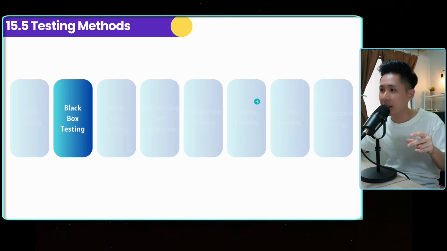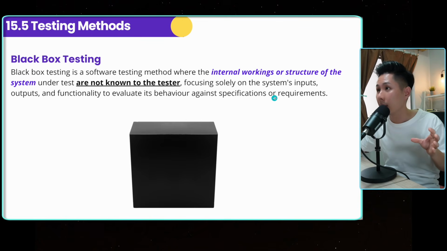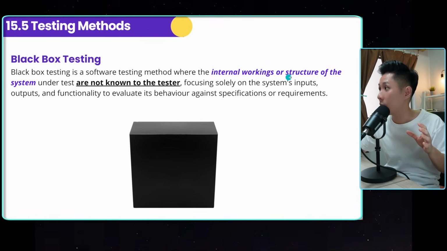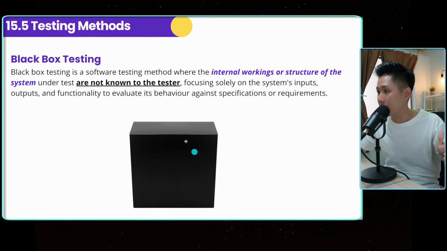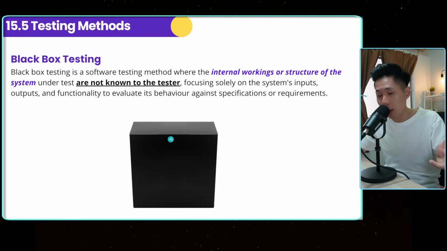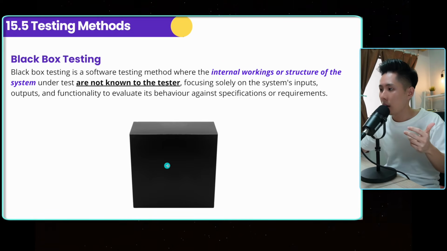So the second type of testing is called black box testing. It's a software testing method where the internal workings or structure of the system under test are not known, like a black box here, meaning when the user tests the software, they don't know what the code is like.